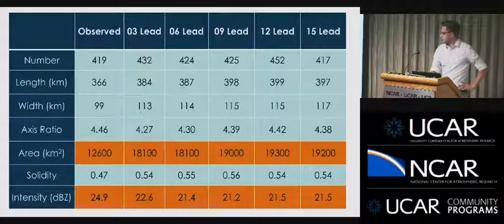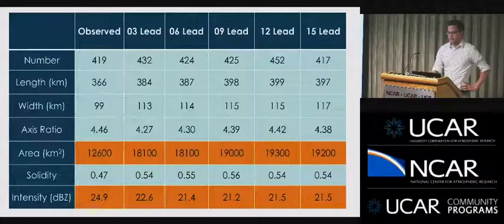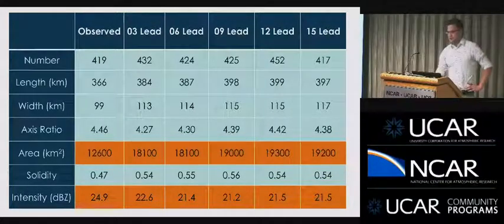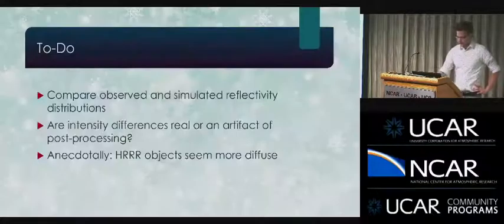Also quite different was the intensity of forecasted bands compared to observed bands. The average forecasted band had an intensity of about 22 dBz, whereas the average observed band had an intensity of about 25 dBz. Of course, we're still comparing apples to oranges a little bit, comparing 1,000-meter reflectivity to base reflectivity.